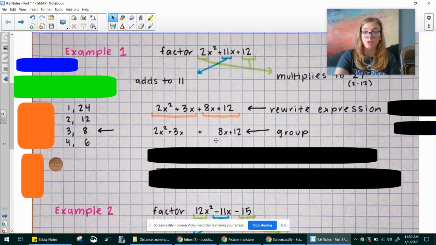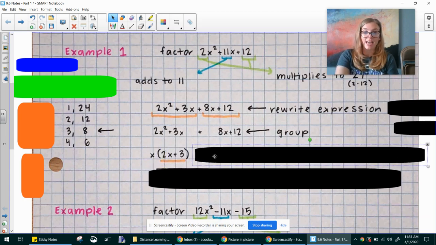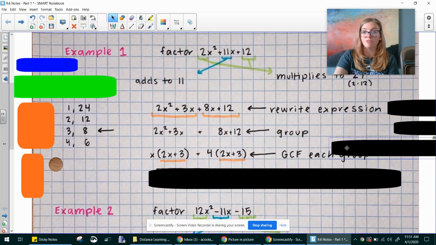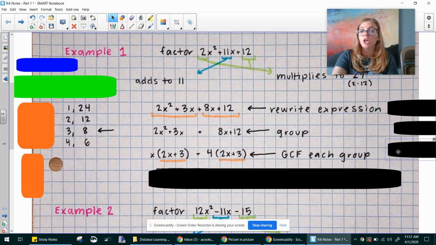After I have grouped, I'm going to find the greatest common factor of each of my groups and factor that out. So in 2x² plus 3x, I'm going to factor out x. And in 8x plus 12, I'm going to factor out 4. You will know that you've done this correctly if you end up with twins.